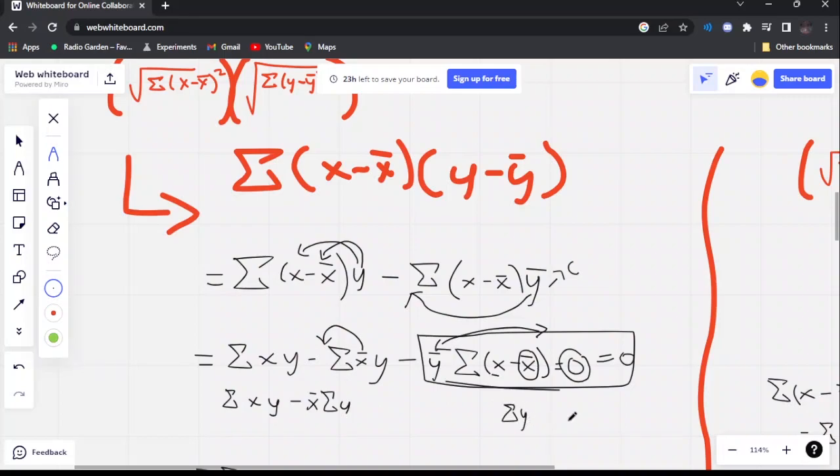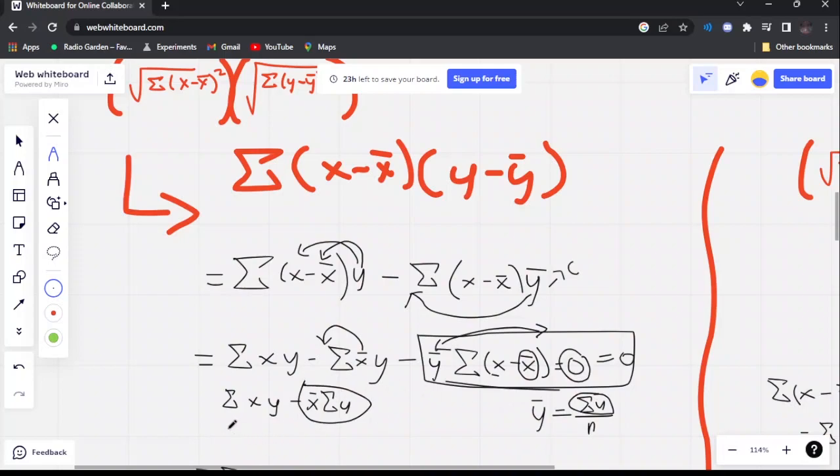What could that be? As you remember, the formula for the y bar, or the mean, is the summation of y over n. Now, using the summation of y, we could rewrite this term right here.